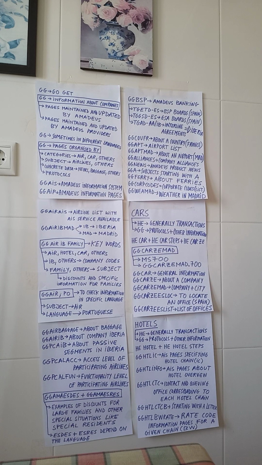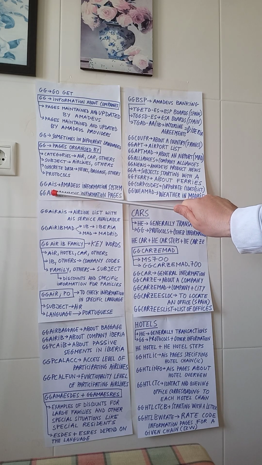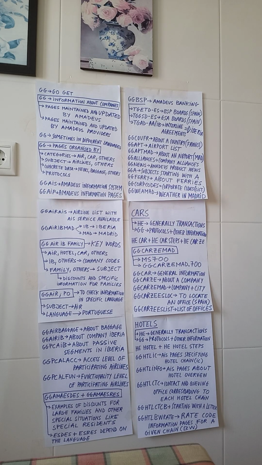And the GG AIP pages, this one, refer to Amadeus specific information pages. Let's go to the next page, here.